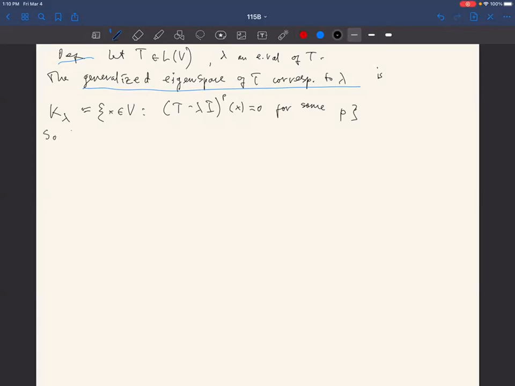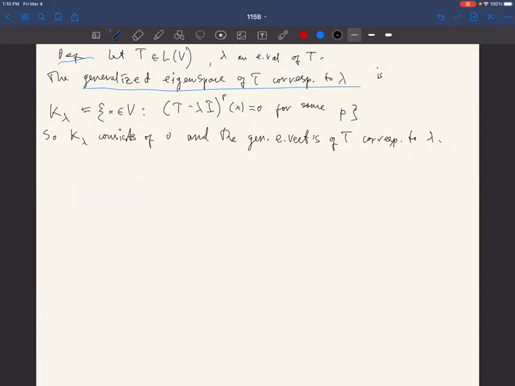In other words, K lambda consists of 0 and the generalized eigenvectors of T corresponding to lambda, just like we did for the usual eigenspaces.